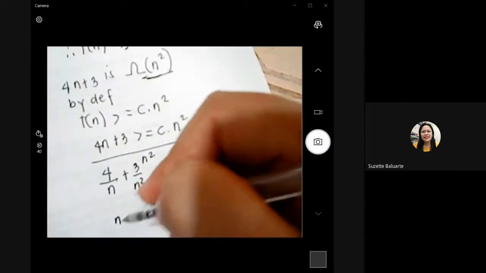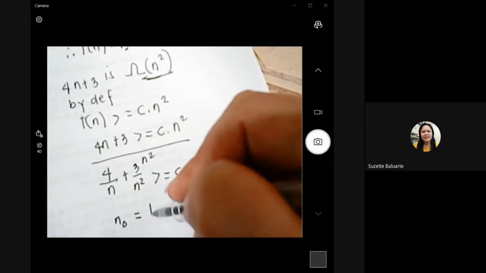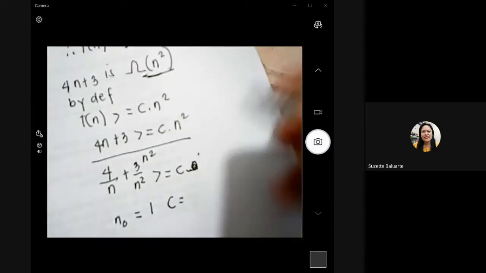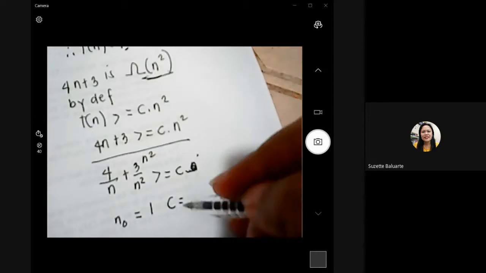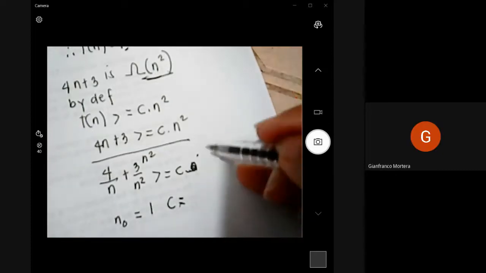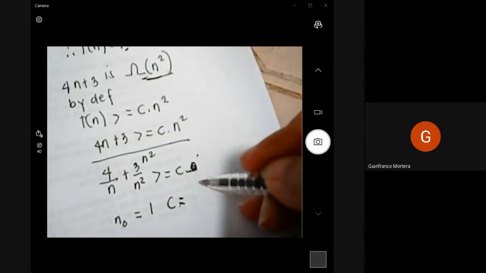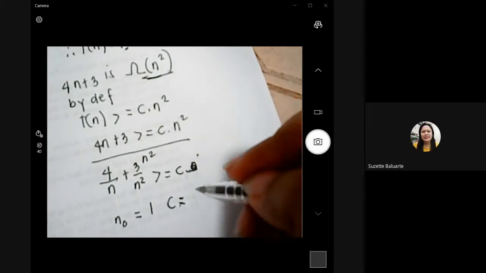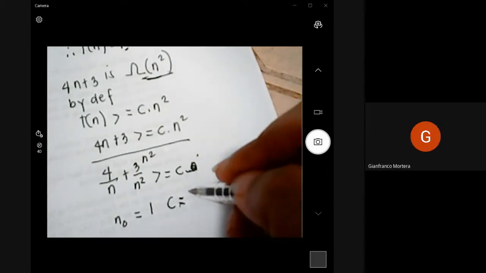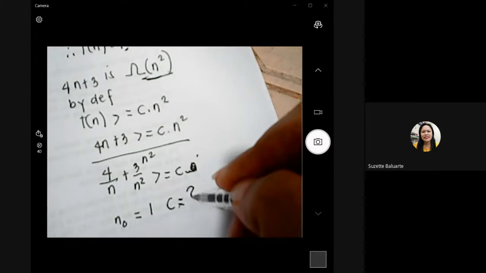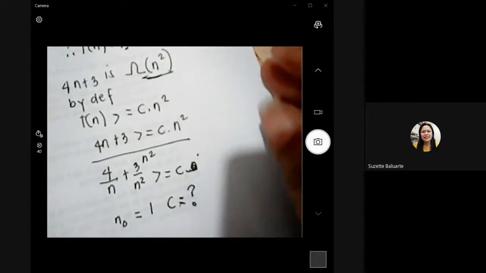If your n sub 0 is equals to 1, what is your C? 4, Miss. It would be a question mark.